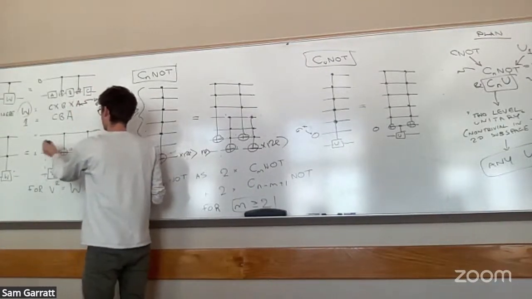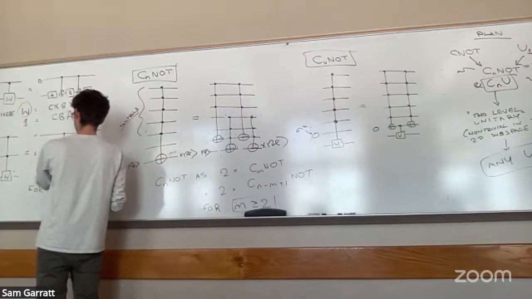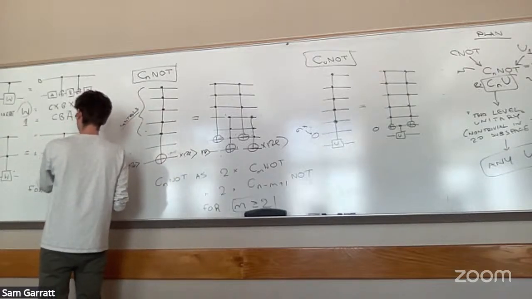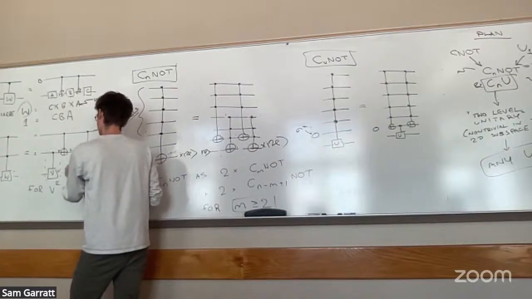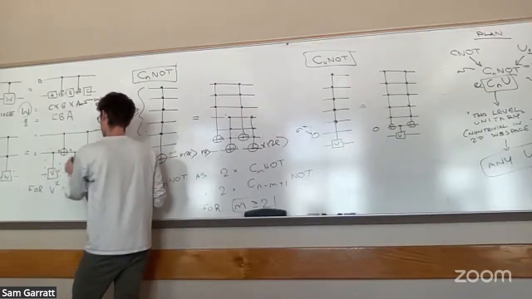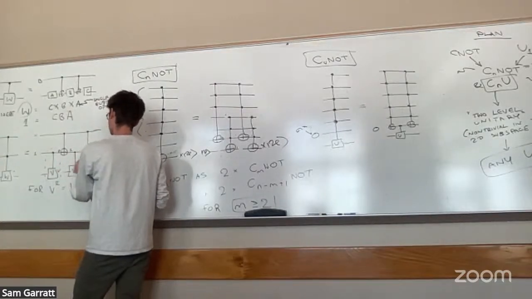There's a 0, it doesn't do anything, that stays as a 1. Now we implement V dagger. So we get V dagger. Here we still do nothing. So then we implement V.